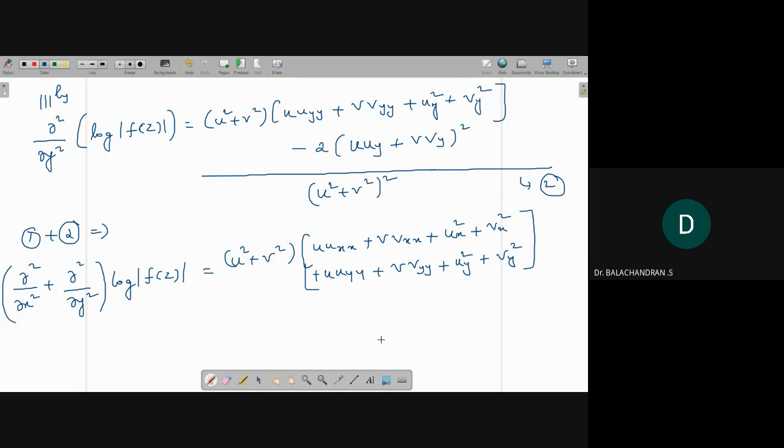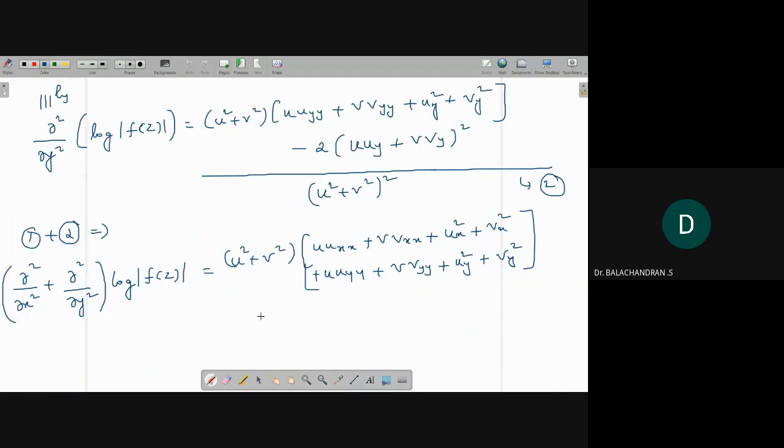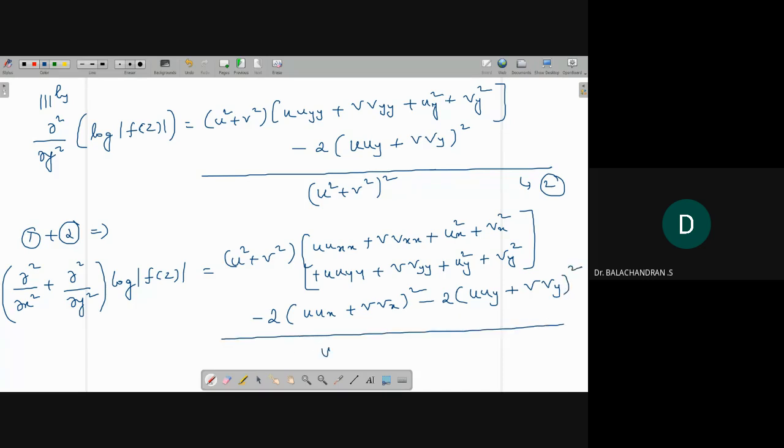And then I will write this term: minus 2 into u into ux plus v into vx whole square, minus 2 into uuy plus vvy whole square, whole divided by u square plus v square whole square.